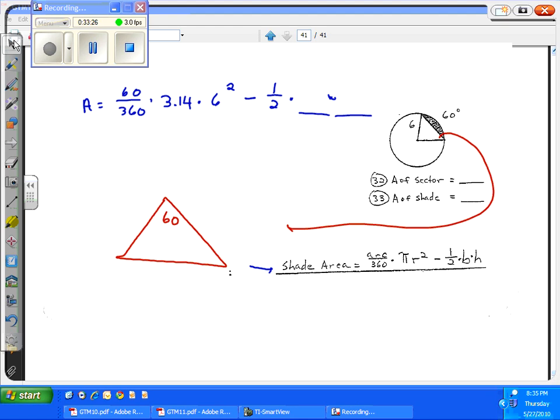The arc is out here, okay? The arc is 60. I kind of set it on its bottom, the bottom being that edge that touches that shade, okay? So if the arc is 60, the angle's 60. These are radii, so they're both 6.